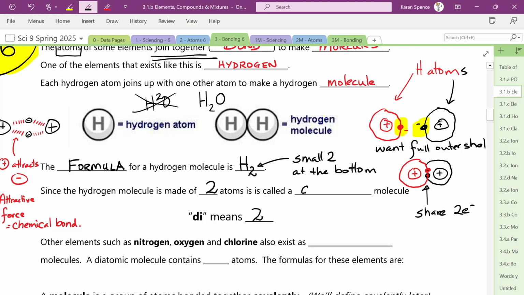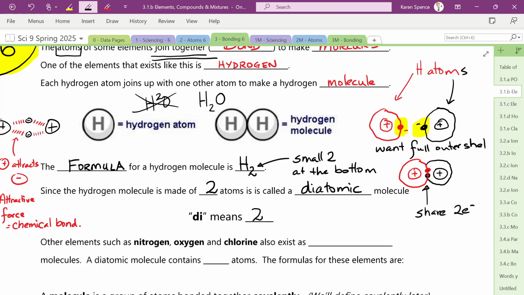Diatomic. Do you remember with our ions, we had a many atom ion? We called that a polyatomic ion. We had a 1 atom ion. We called it a monatomic ion. Now we have a 2 atom molecule. We call it a diatomic molecule.